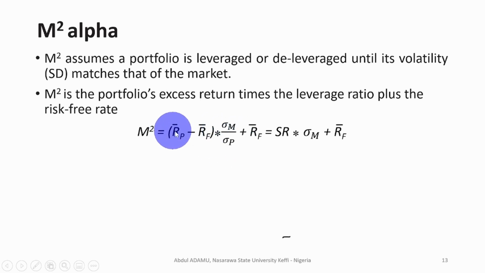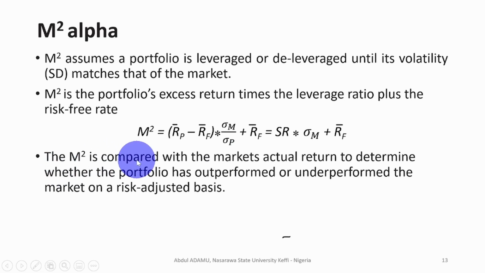If you compare this with the formula for our Sharpe ratio, it is this divided by the standard deviation of the portfolio. And you now add the risk-free rate again. So that is why we said this part of the formula is the Sharpe ratio multiplied by the standard deviation of the market plus the risk-free rate.